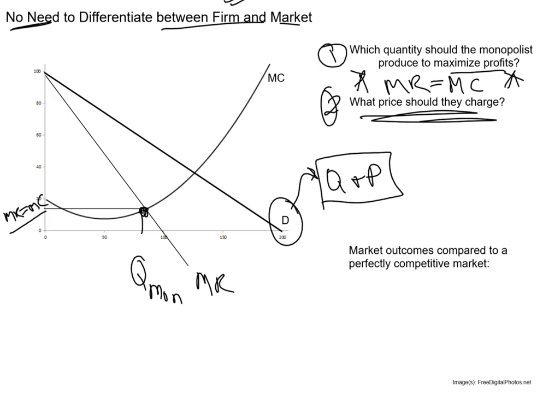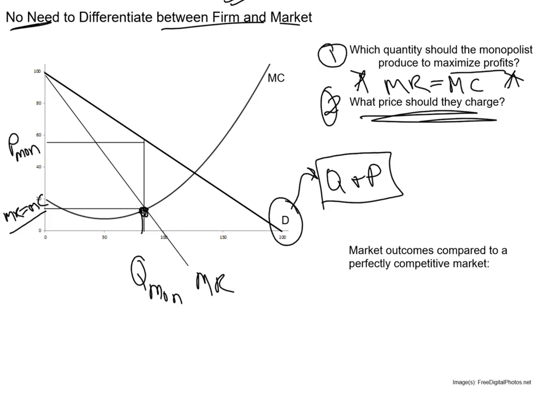So what I need to do is take this quantity where they intersect and go all the way up to the demand curve, and that value is what price they will charge. So again, marginal revenue equals marginal cost where they intersect. That's the quantity the monopolist will produce. But to find the price the monopolist will charge, you need to take it all the way up to the demand curve.